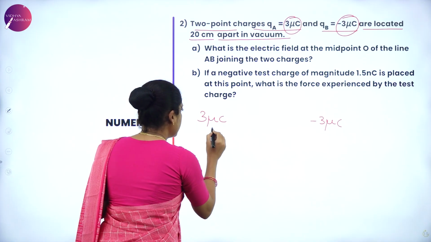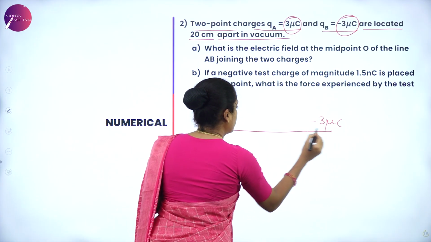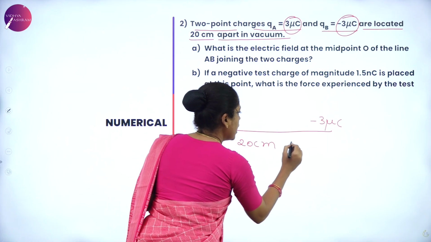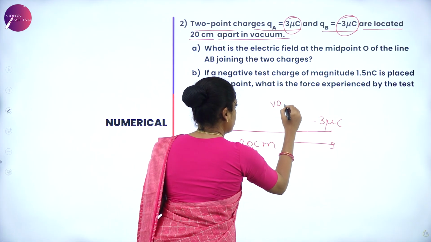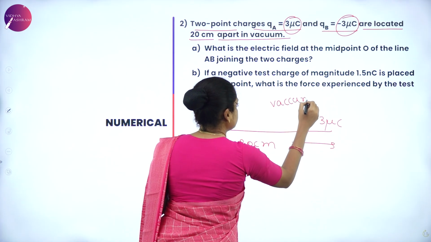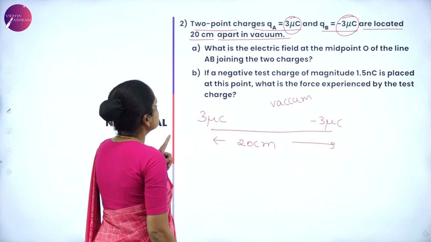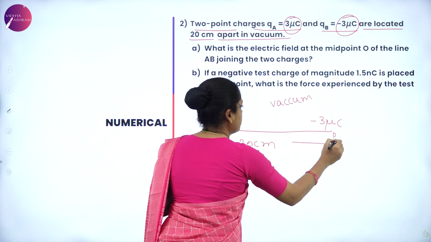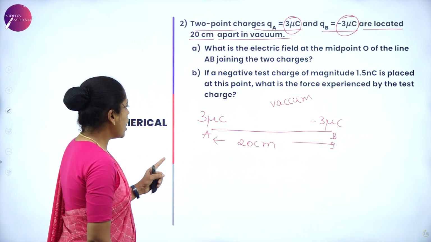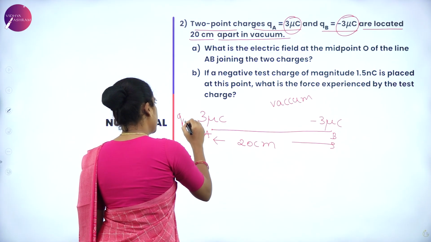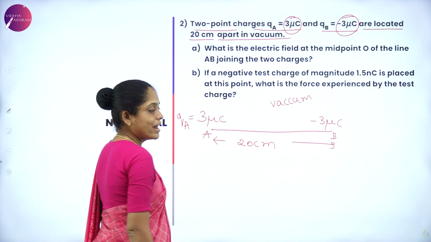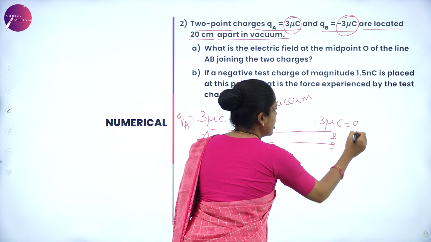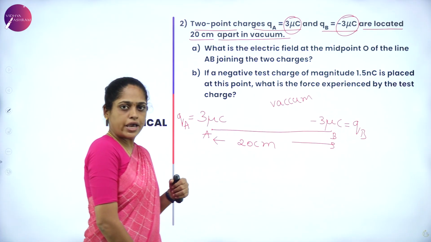They are separated by 20 centimeter and they are in vacuum. Consider they are at point A and point B. So the charge at point A is QA, whose value is 3 microcoulomb, and the charge at point B is minus 3 microcoulomb.